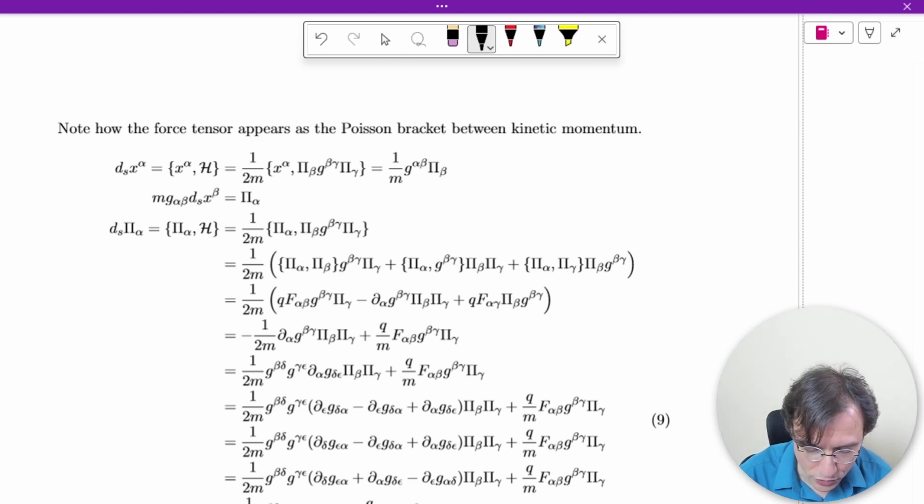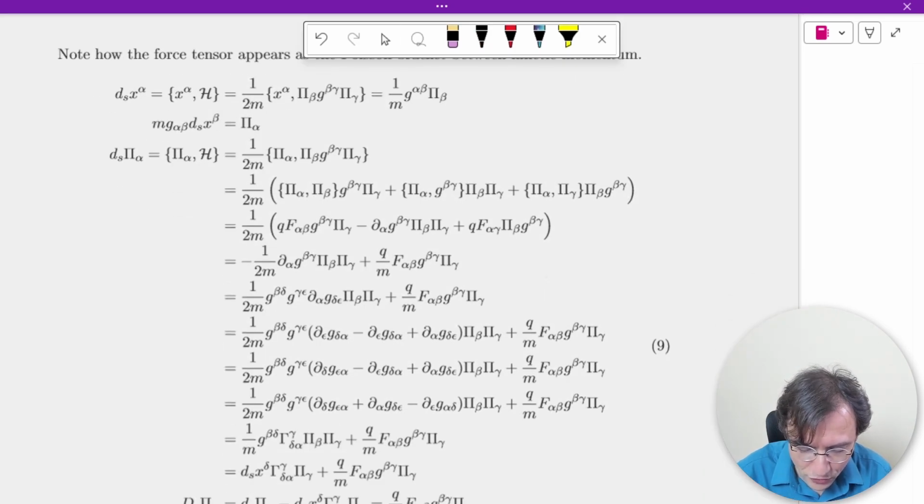So you take the commutator with the Hamiltonian, and what you get is 1/2 G alpha beta times the kinetic momentum, and therefore you find that the velocity is the kinetic momentum divided by the mass, so it makes sense and it actually works.